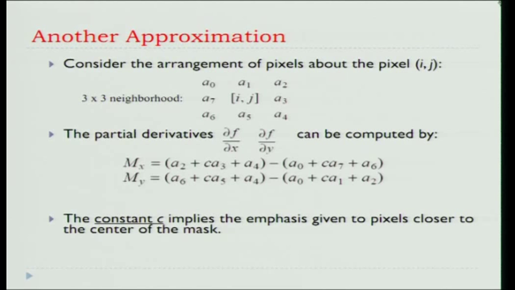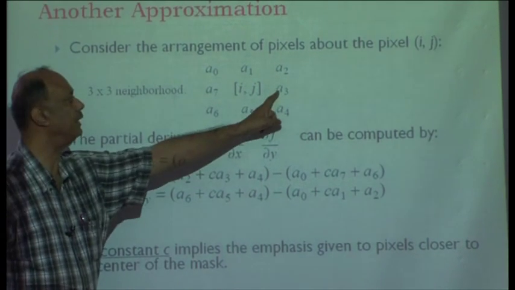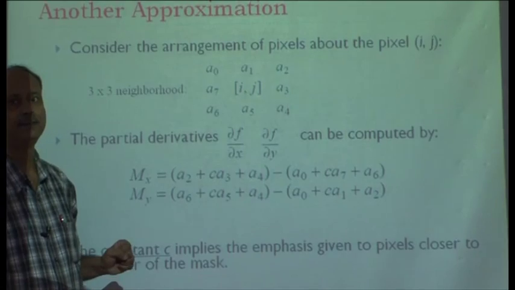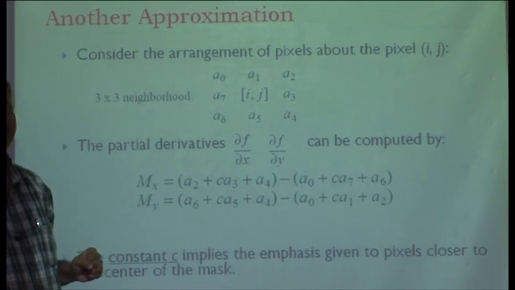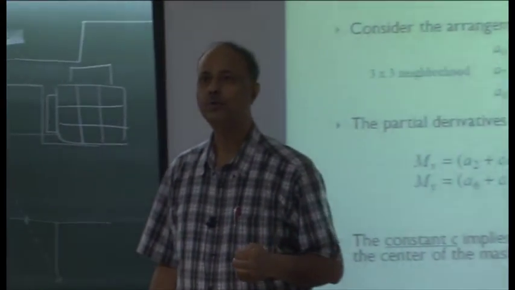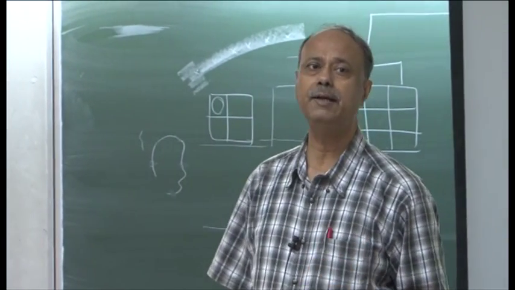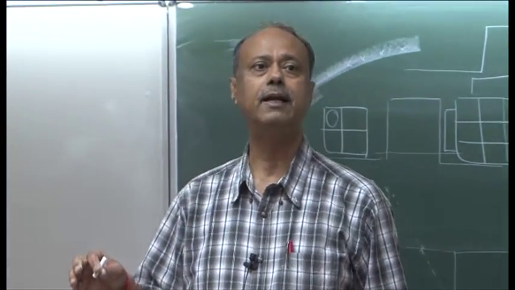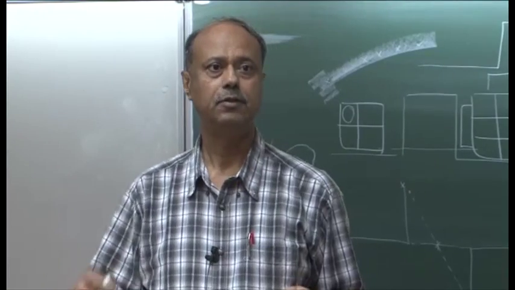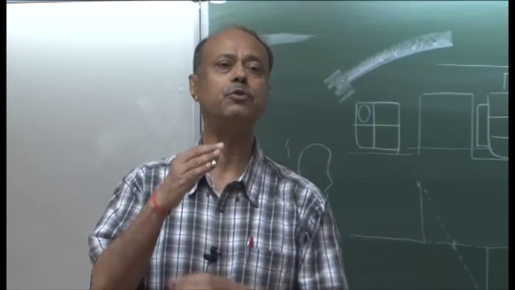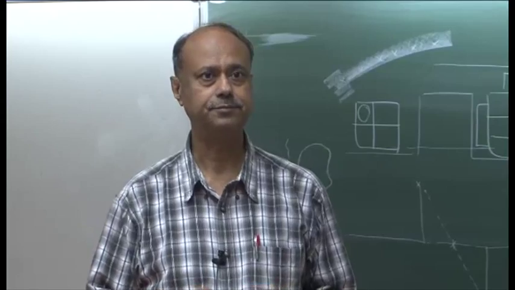The C gives you how much weightage you want to give on the vertical and horizontal pixel intensities. Basically, you see that I am giving extra weights on this. So, these extra weights indicate how much weight I want to give to the vertical and horizontal directions, and how much less weightage to the diagonal directions.